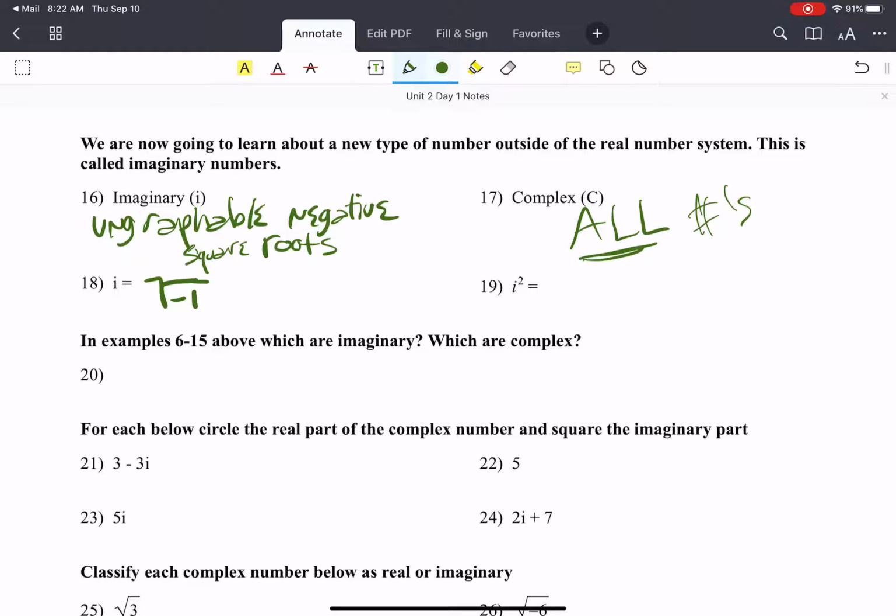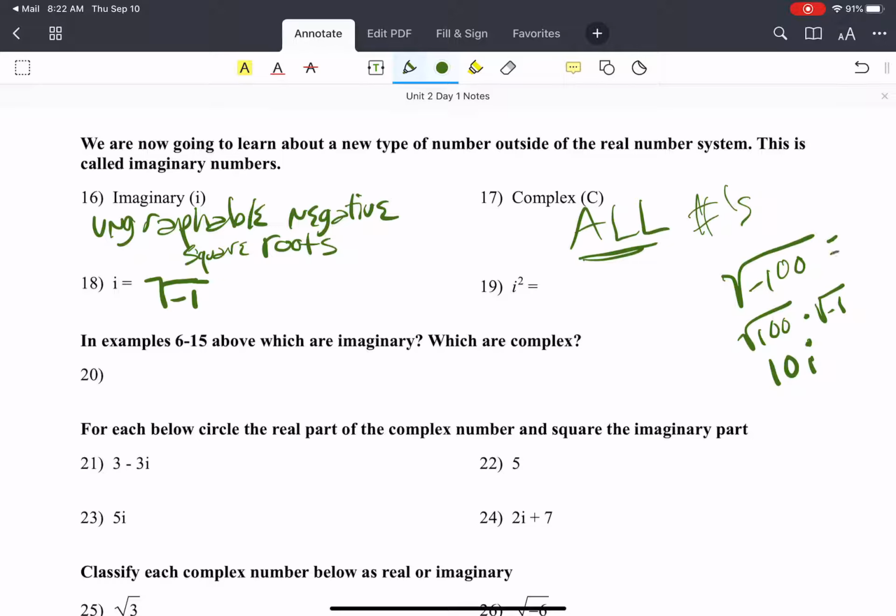So let's say I was going to do the square root of negative 100. I'm going to split that into two pieces: the square root of 100 times the square root of negative 1. The square root of 100 is 10, and the square root of negative 1 is i.